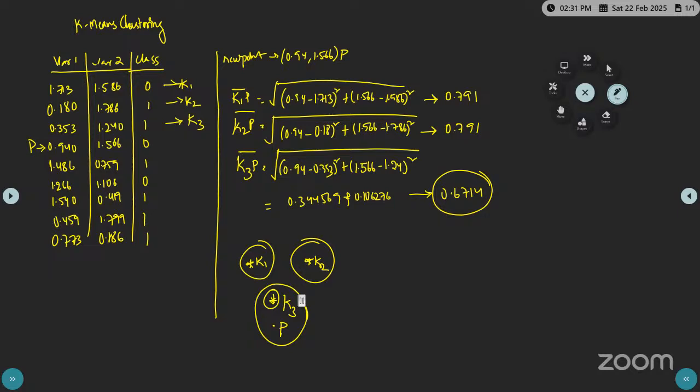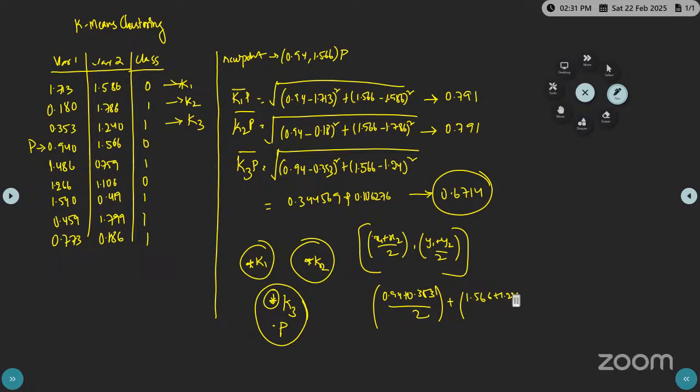Calculating the centroid means, so you can see that x1 plus x2 by 2, comma, y1 plus y2 by 2, which is 0.94 plus 0.353 by 2, 1.566 plus 1.24. Calculated.